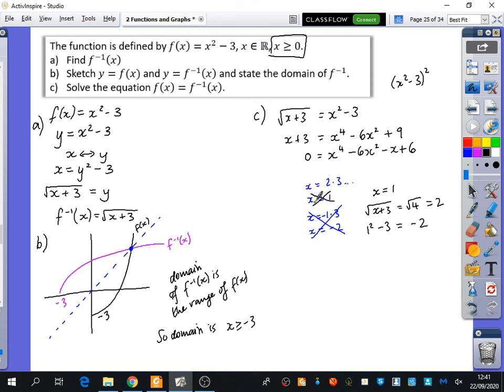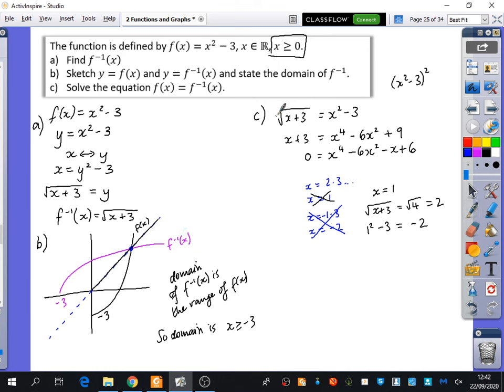So the solution is this one at the top, which your calculator can't even get in exact surd form. So I'm going to show you the way of getting it in exact surd form. If you notice what's happened here, this isn't actually just the crossing of 2 graphs. It's actually the crossing of 3 graphs. So instead of solving f of x being equal to f inverse of x, this is a really cheeky question.